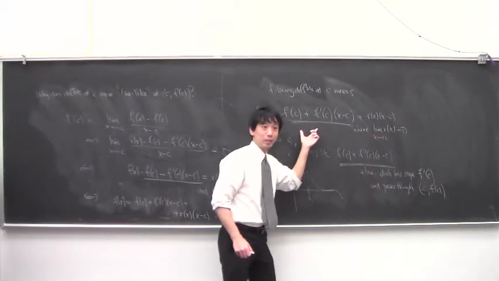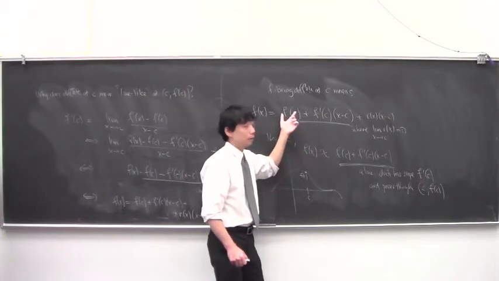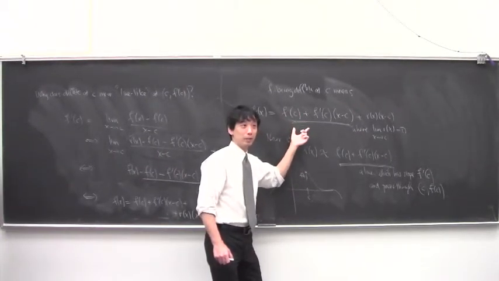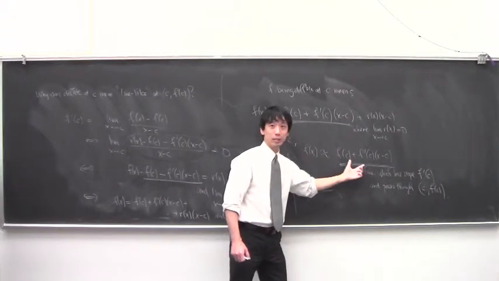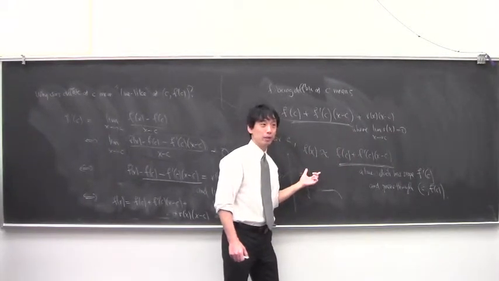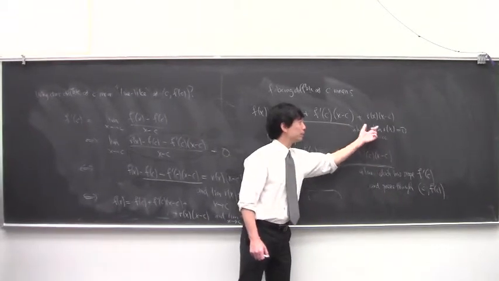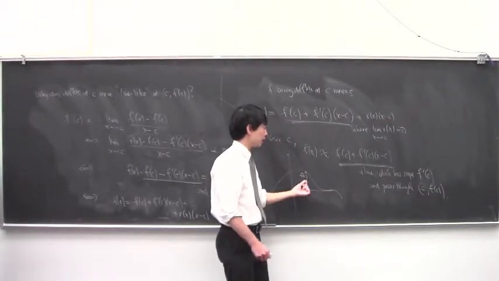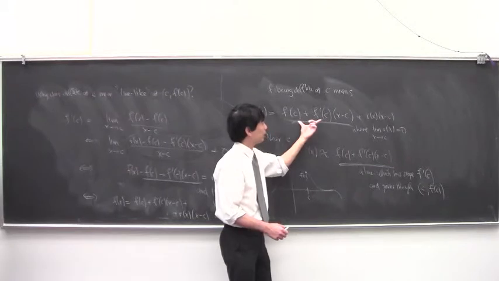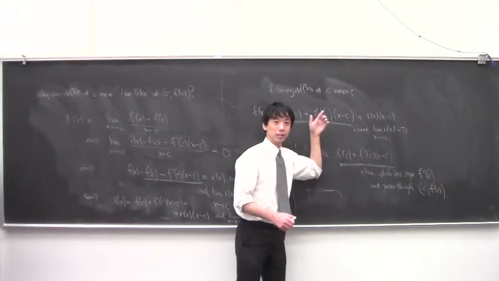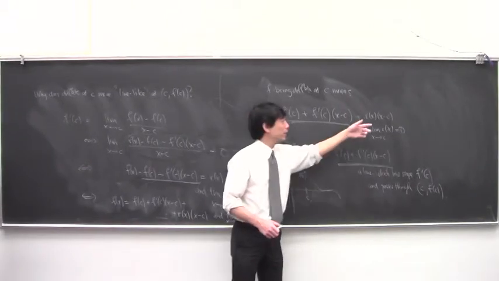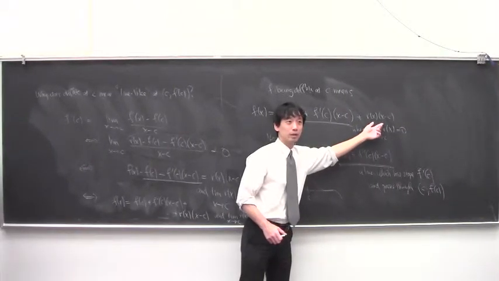Okay. But the point is this: what does being differentiable mean? It means that f of x is basically the tangent line. As x gets close to c, your function is the tangent line plus something that vanishes in a very fast way. Okay.